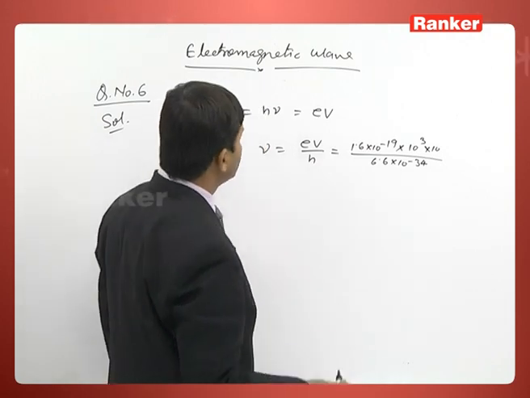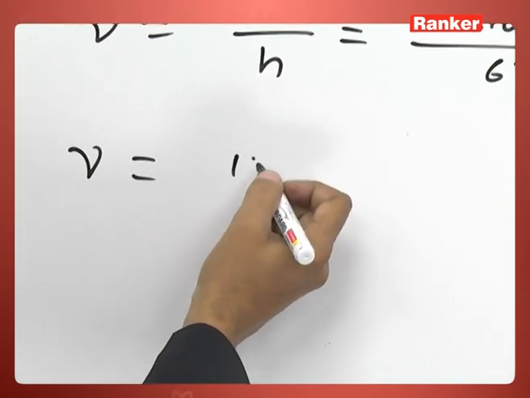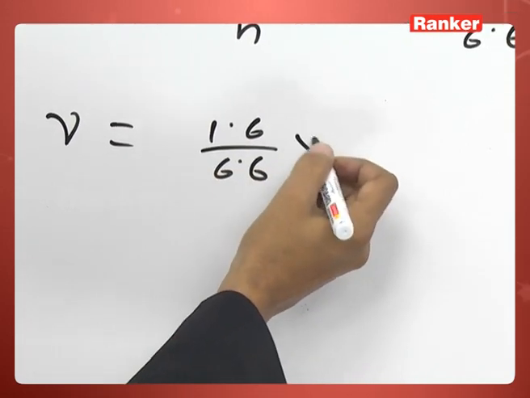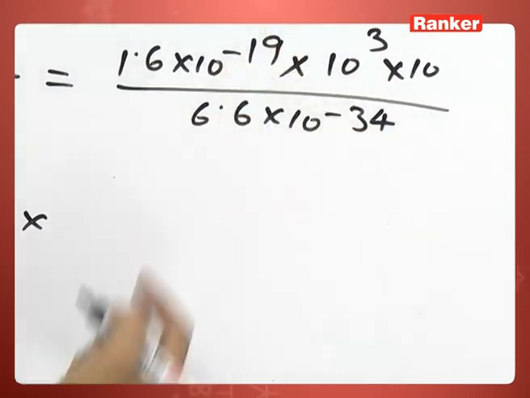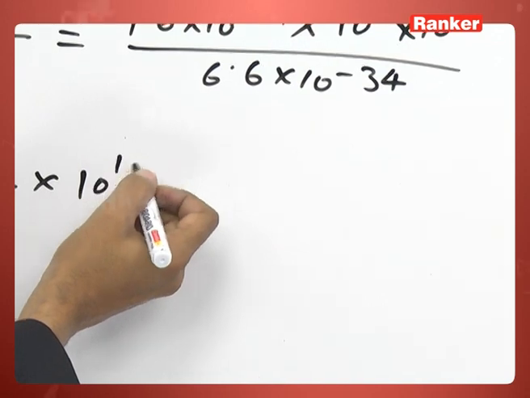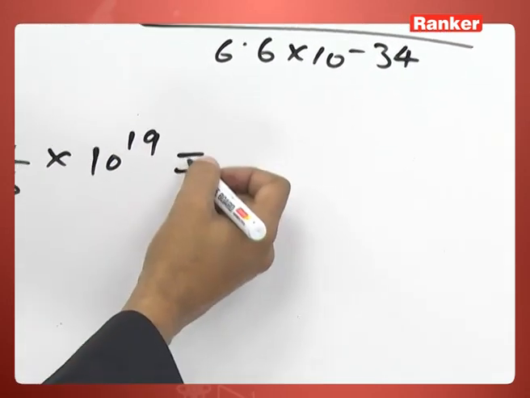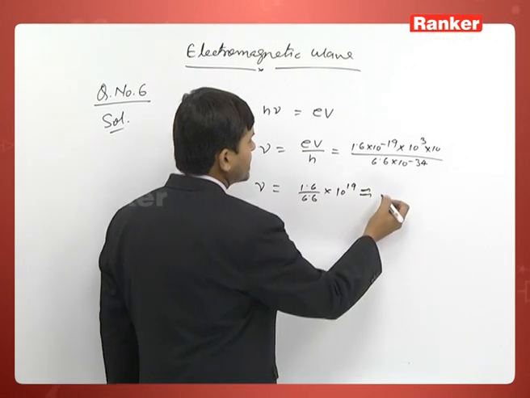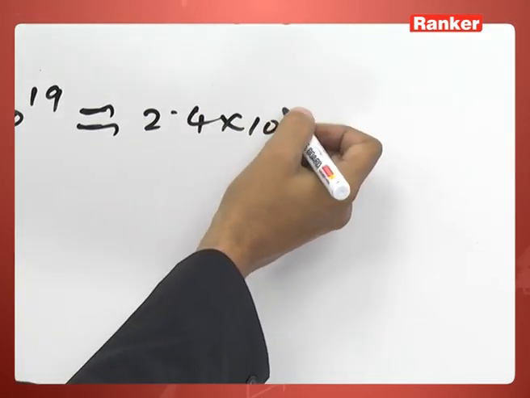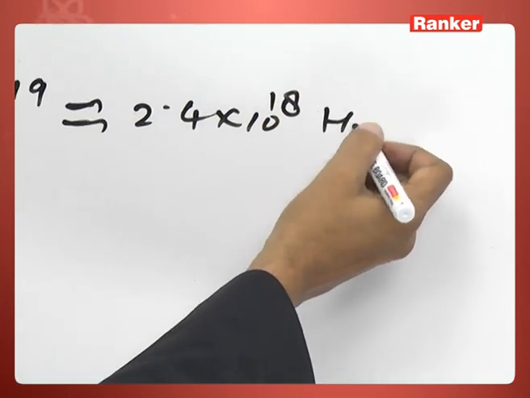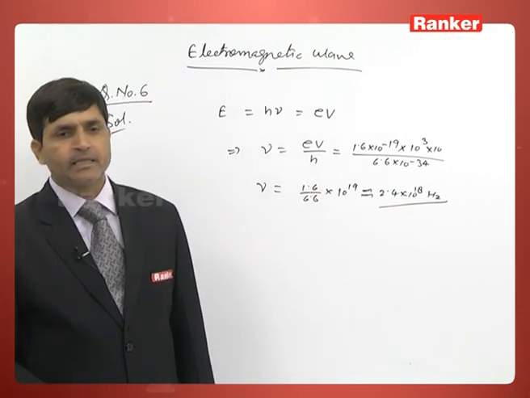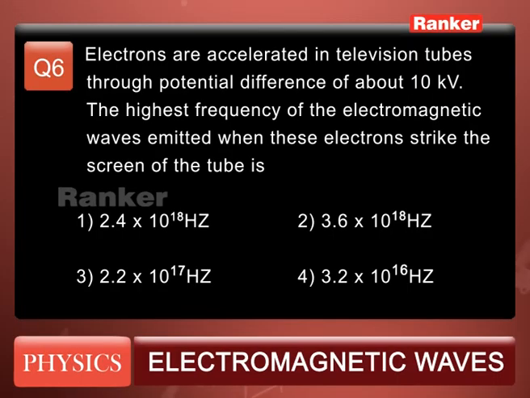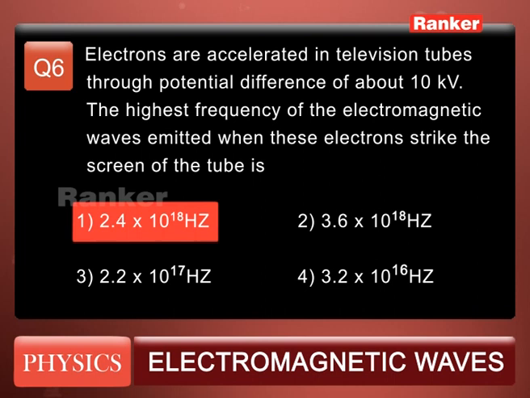Now we simplify this: 1.6 by 6.6 into 10 power 19 (34 plus 4 minus 19), and when we solve it, it will come around 2.4 into 10 power 18 Hertz. So this is the frequency of the electromagnetic radiation. So our correct option is option number 1. Hence answer 1 is the correct answer.